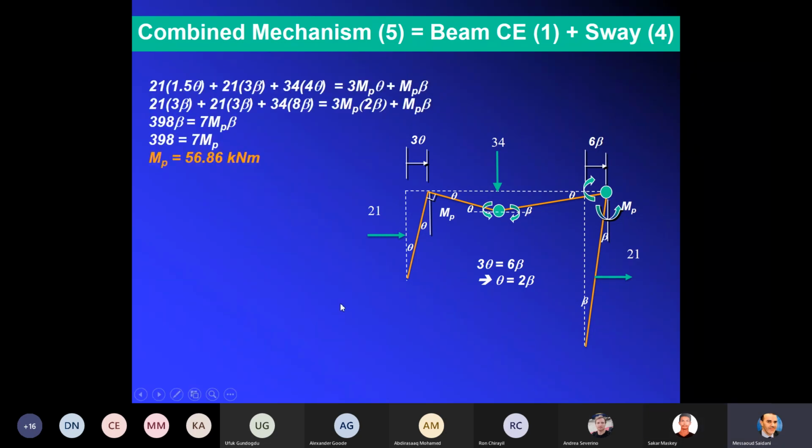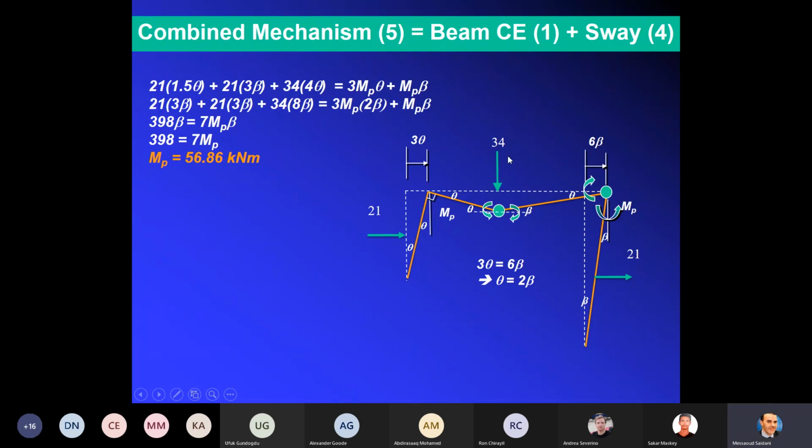External work. So we have 21, this is the load here, times the displacement, which is half of 3 theta. So that's 1.5 theta, plus 21 here times 3 beta.